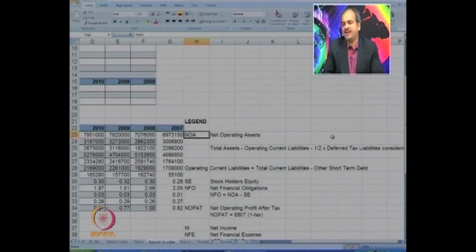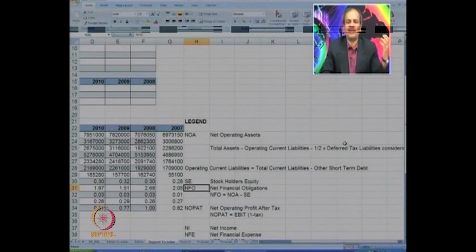So, NOA is nothing but net operating assets, which is calculated as total assets minus operating current liabilities minus half of the deferred taxes. Then SE is nothing but shareholders equity, which we generally define as net worth or the owner's fund. Then NFO, that is net financial obligations. This is NOA minus SE.